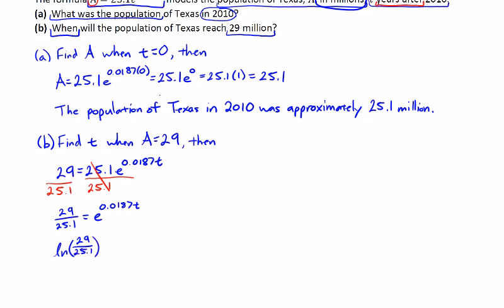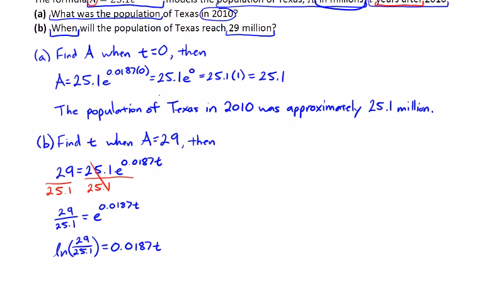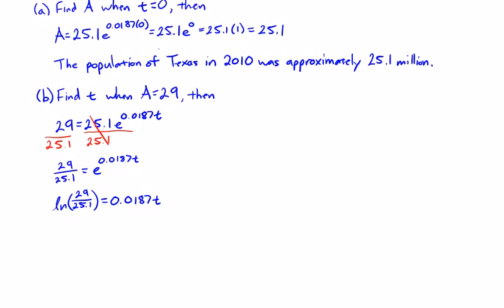That's the argument for the log, and it's going to all be equal to the exponent, 0.0187t. In which case, to finish solving for t, divide both sides by the coefficient there for t. So we'll have the natural log of 29 over 25.1, all divided by 0.0187.